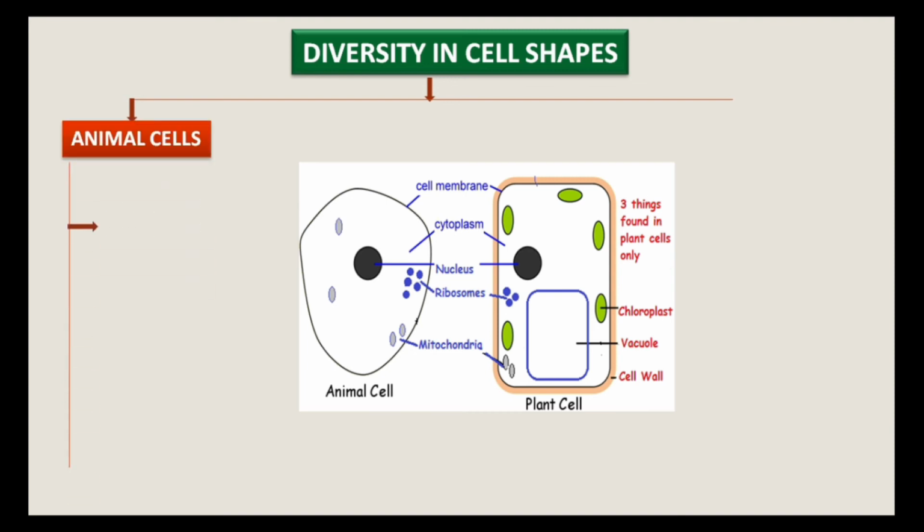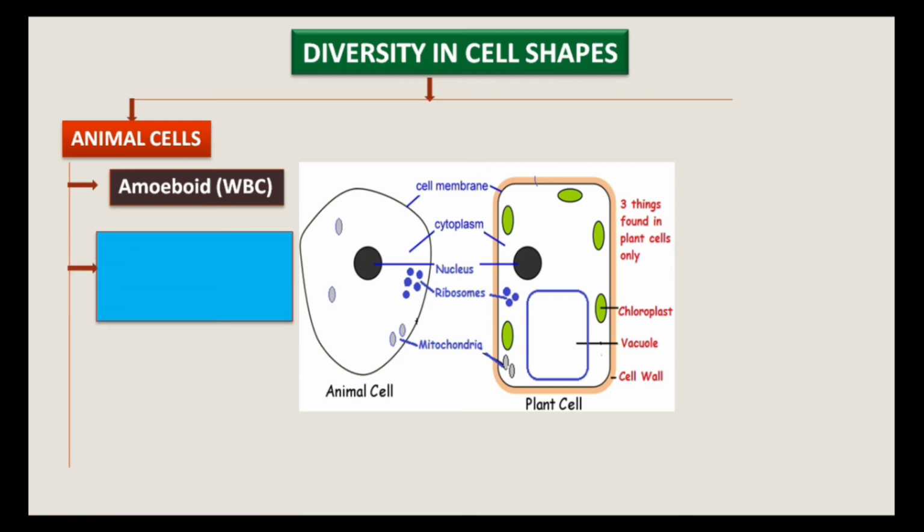That is, they change their shape and move like amoeba by giving out projections from their surface. These projections are called pseudopodia. Pseudopodia means false feet. Muscle cells are spindle-shaped with pointed ends.